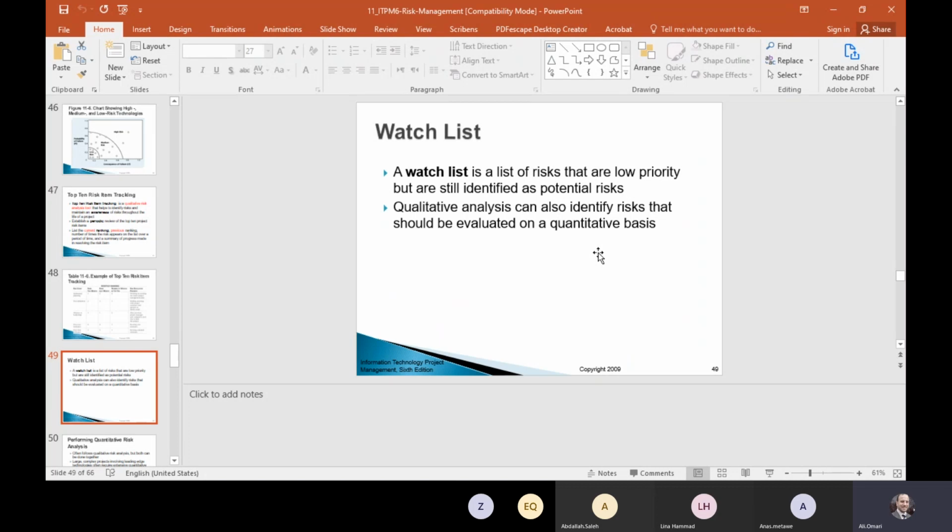It's not high risk, but low risk because the potential of happening is low. Qualitative analysis also can identify those risks that should be evaluated on a quantitative basis.